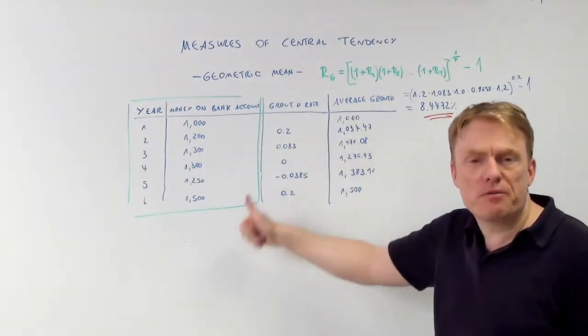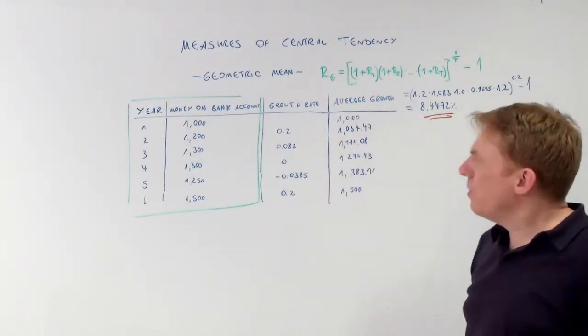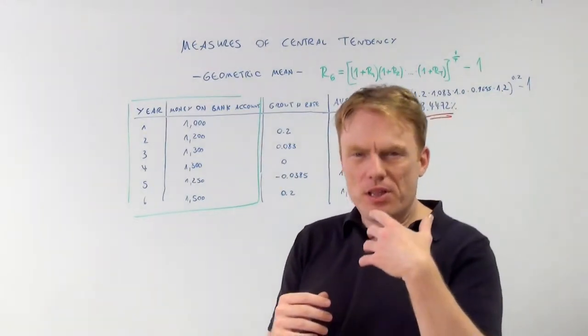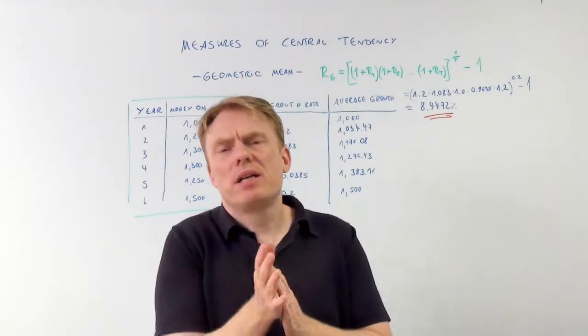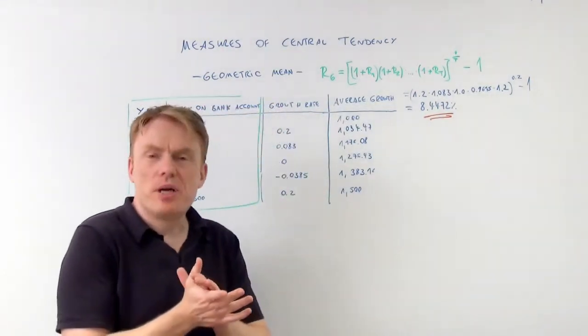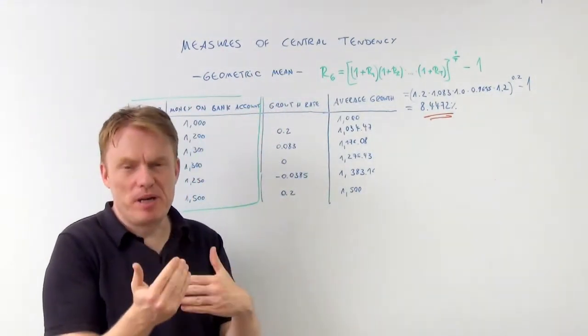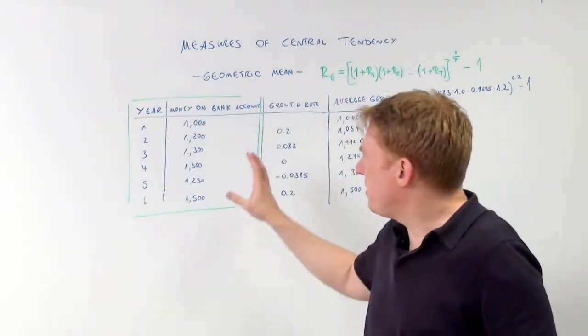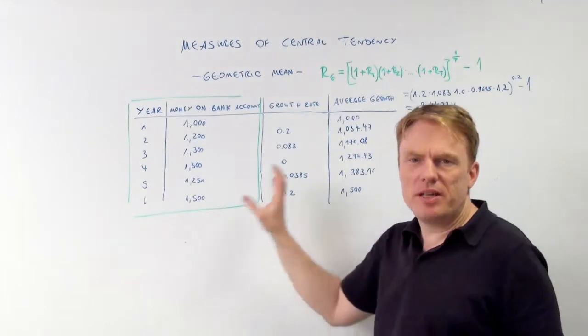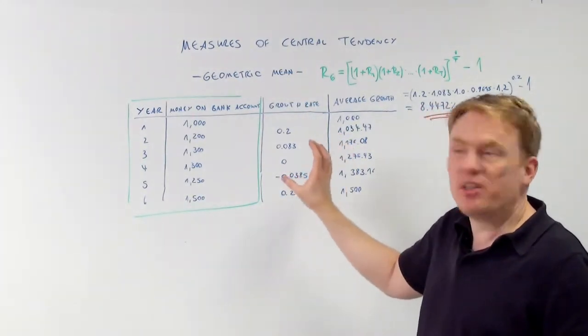We need to calculate first the growth rates, and then we can calculate the geometric mean, and then with the help of the geometric mean, calculate average growth rates, or average amount of money on that bank account. So the example is this, and everything else is computation.